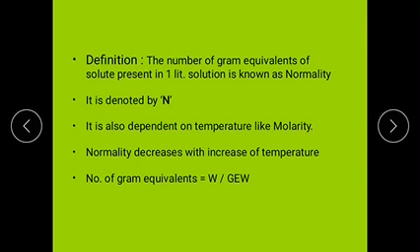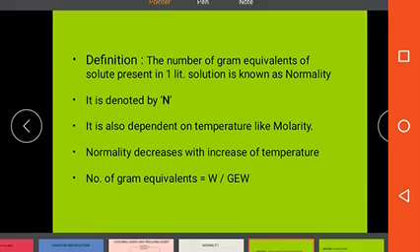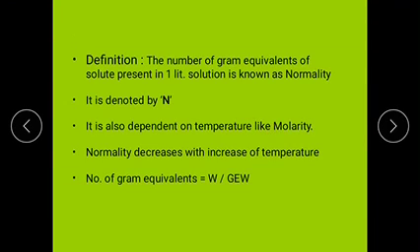Here the main concept is that the number of gram equivalents of solute present in 1 liter of solution is known as normality, and it is denoted by capital N. It is also dependent on temperature, like molarity. Normality decreases with increasing temperature.